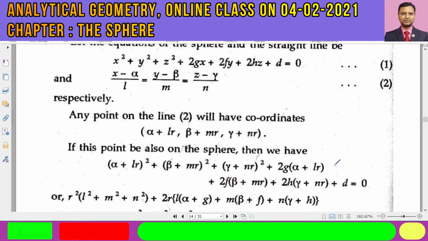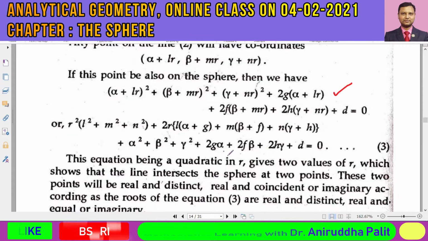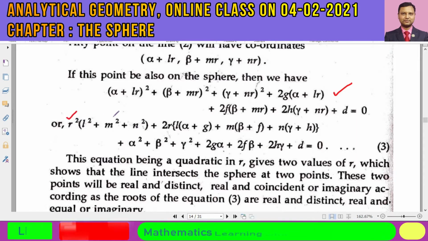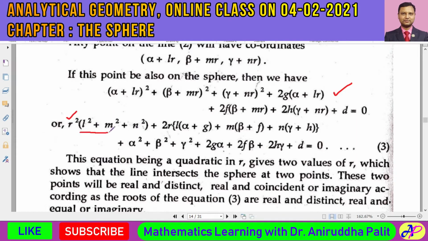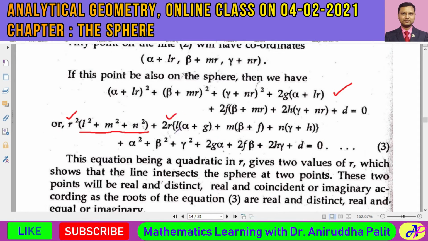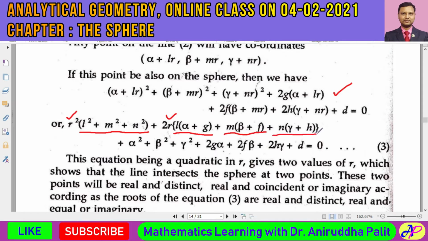So we got this result. Now if we expand this result, we will get a second degree equation involving r. This expression has r square with coefficient L square plus m square plus n square. Then twice r with coefficient L into alpha plus g, plus m into beta plus f, plus n into gamma plus h.